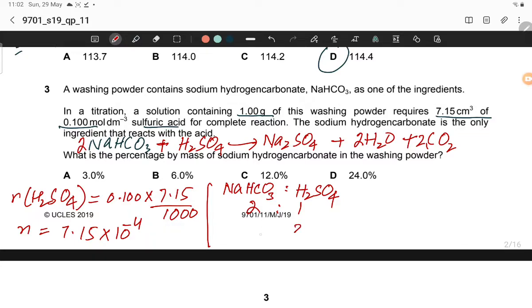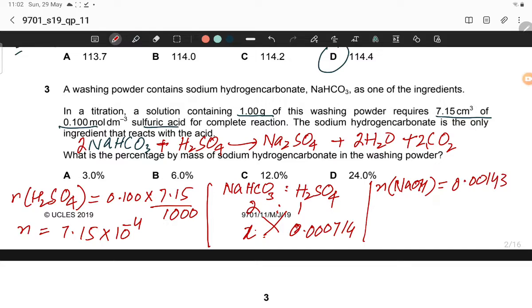So if sulfuric acid is 0.000715, by cross multiplying, moles of sodium hydrogen carbonate will be equal to 0.00143.